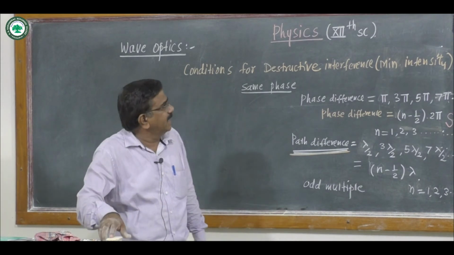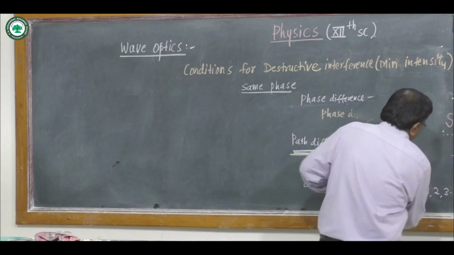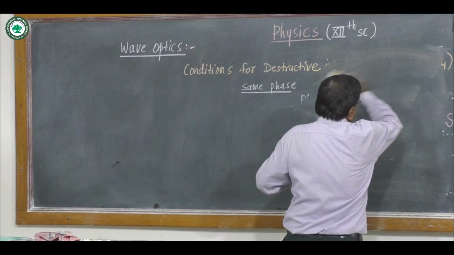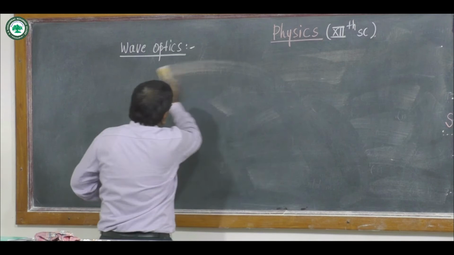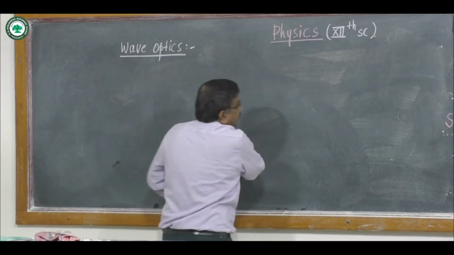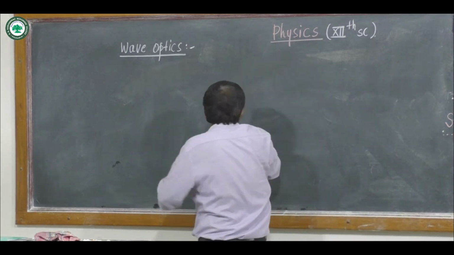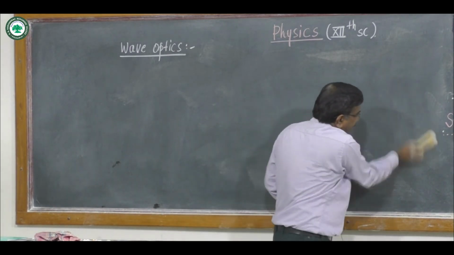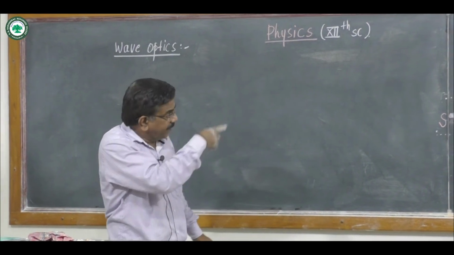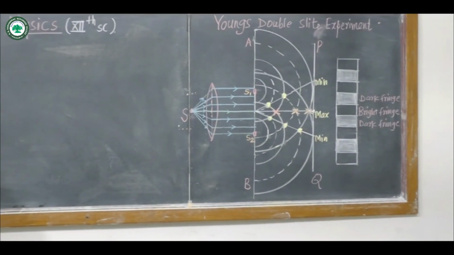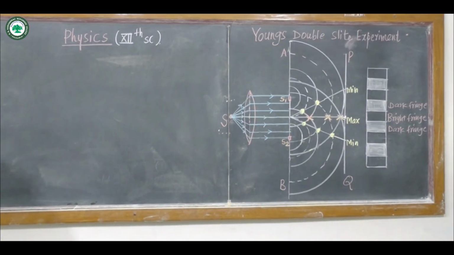Now our next article is Young's double slit experiment. Scientist Young performed the first experiment to study the interference of light, and the experimental arrangement of Young's double slit experiment is shown in the diagram.